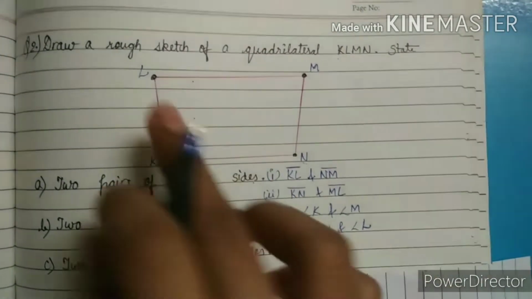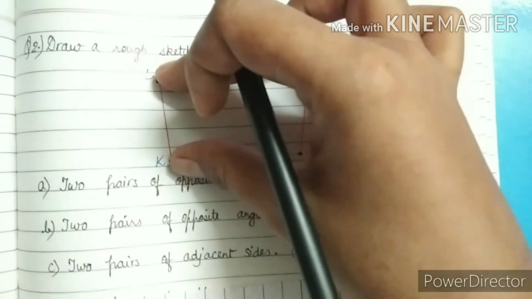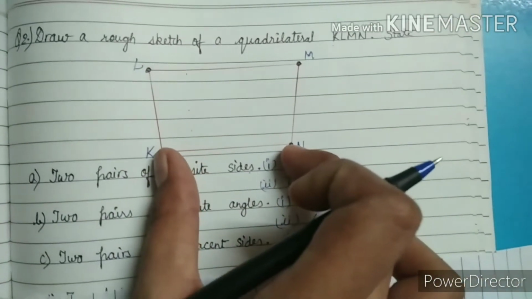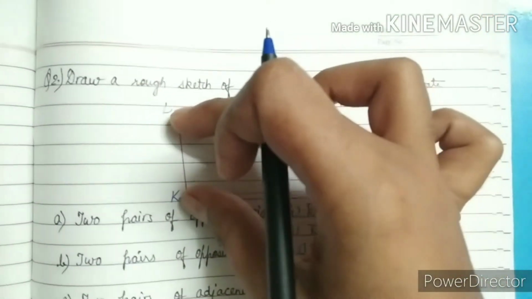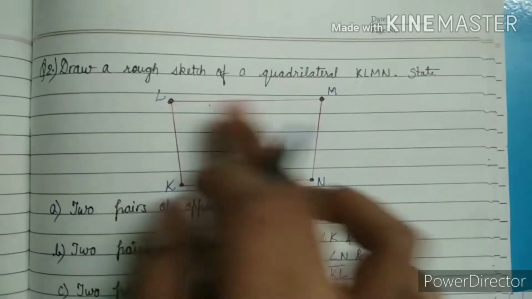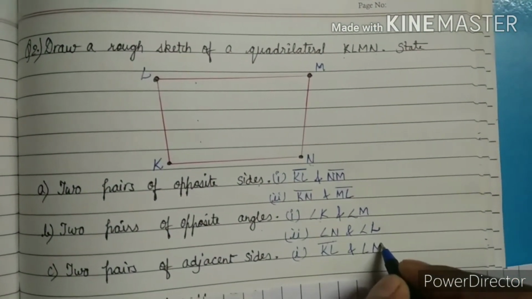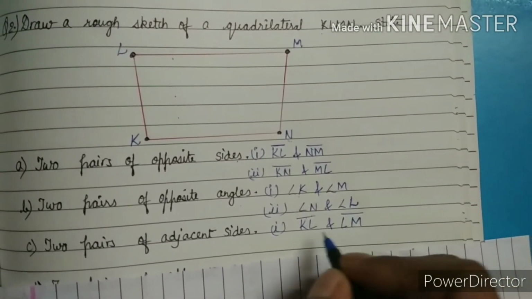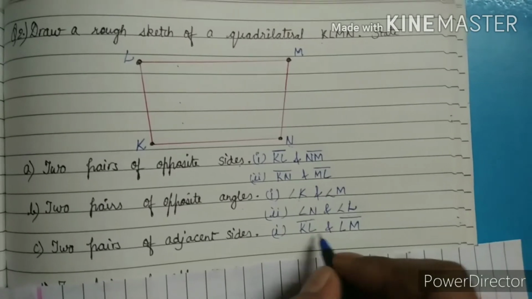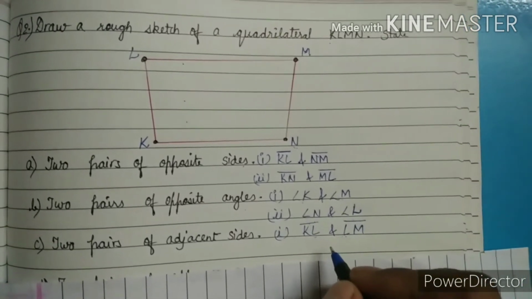KL's adjacent side is LM or KN, both. So we take one at a time. I am taking LM. KL adjacent is LM. As you can see, one vertex is common, whose name is L. L is in the name of both sides.